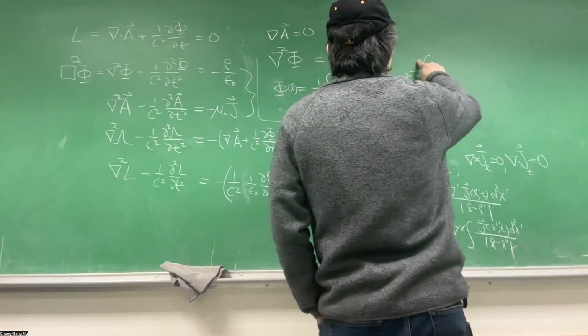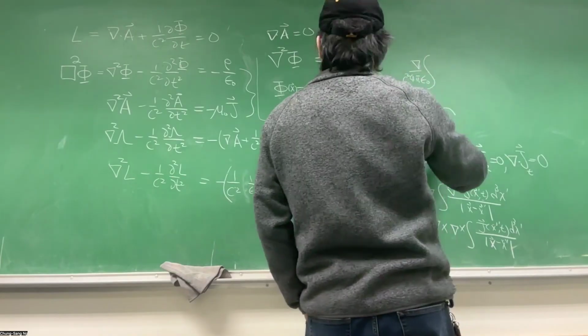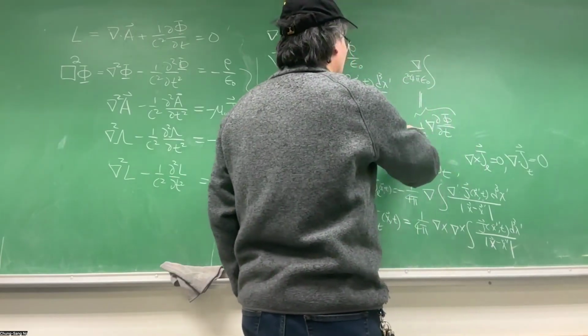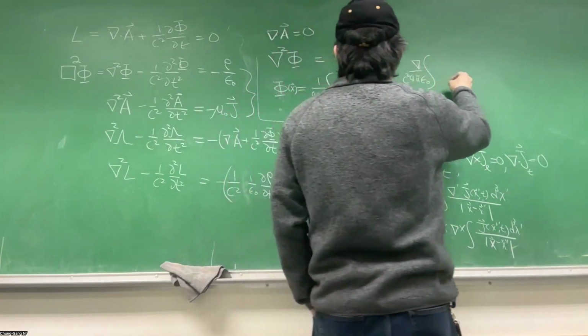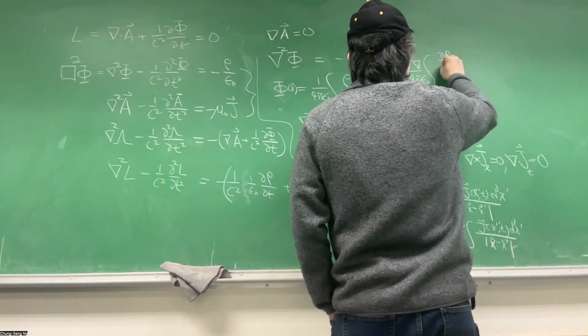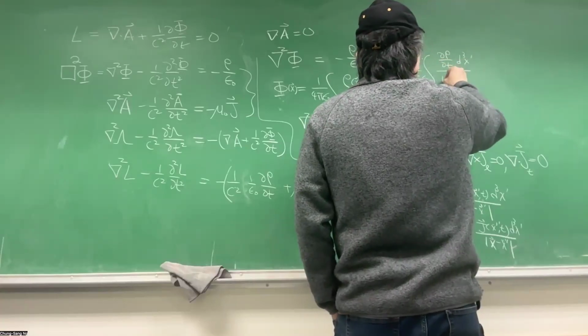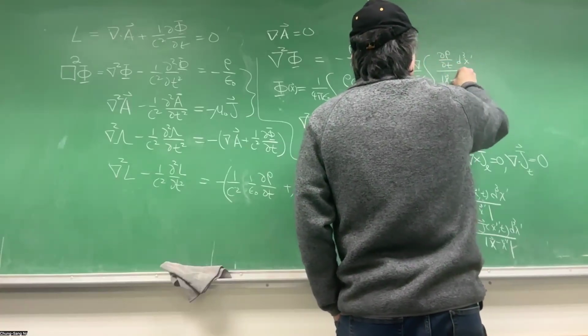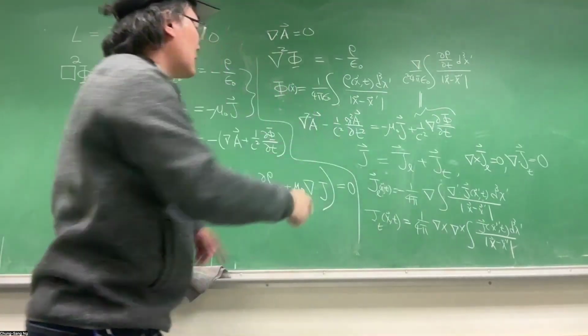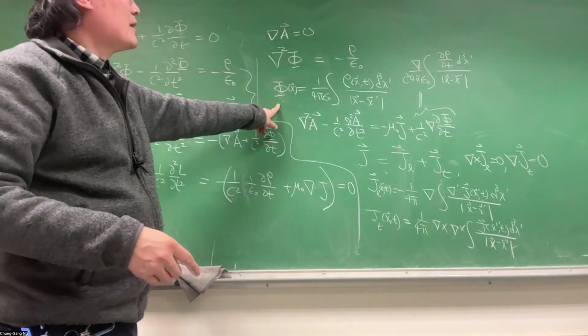And then you take the gradient, but you take the time derivative inside, the time derivative of rho. That's just using the formula for the solution of this one.